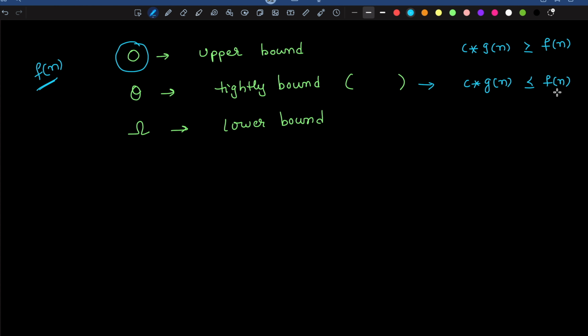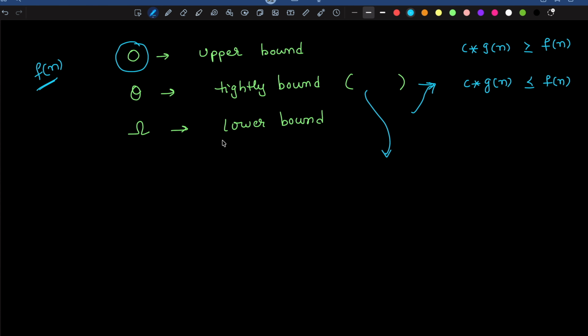So f of n doesn't grow slower than g of n. And big theta says that f of n grows at the same rate as g of n, right? So that's why it is called the tight bound.